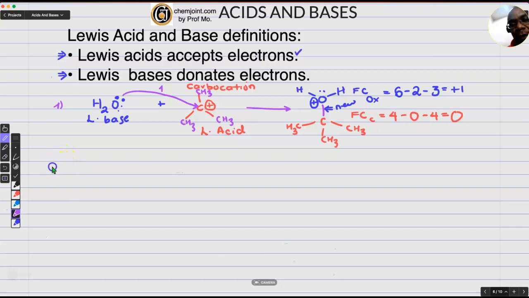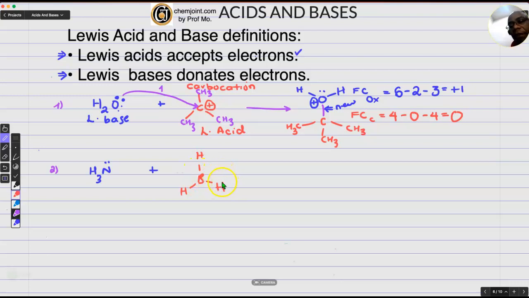Let's look at another example. Now I can use another type of base. Let me use ammonia in this case, and I'm going to use boron trihydride. Again, the boron is known to be happy with just 6 electrons around it. There's not going to be any charge on it.